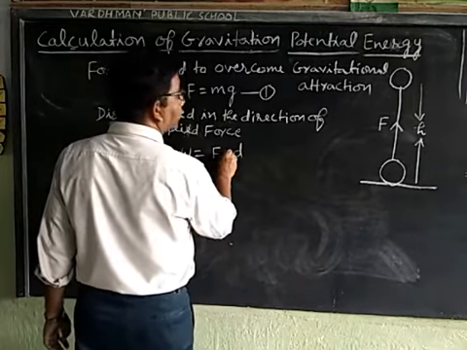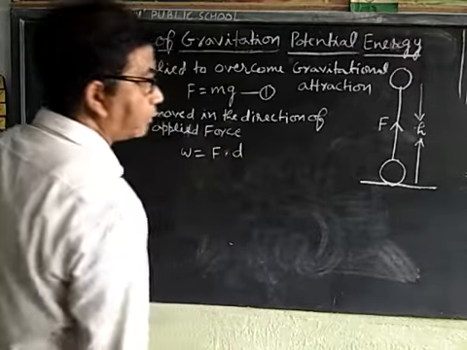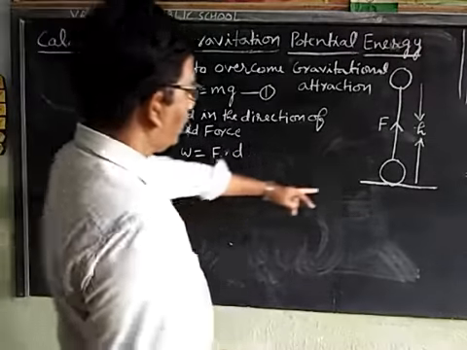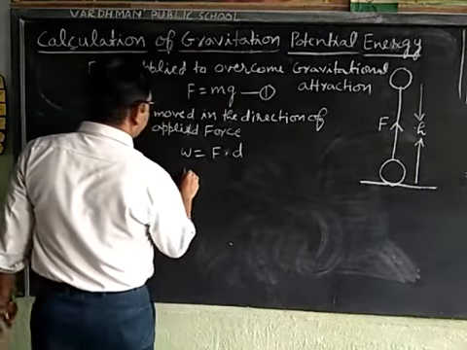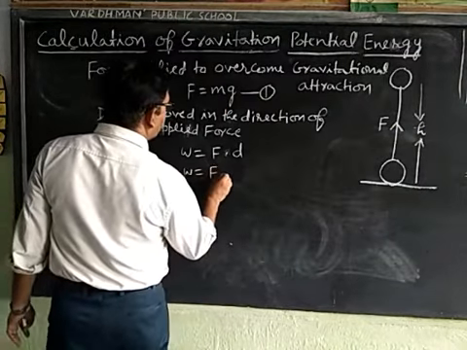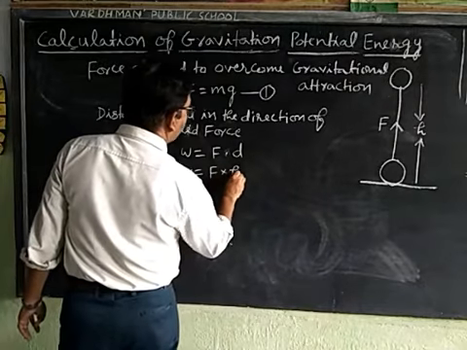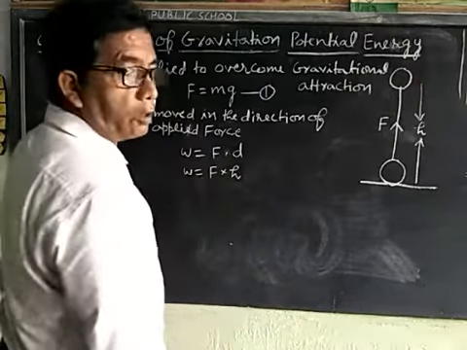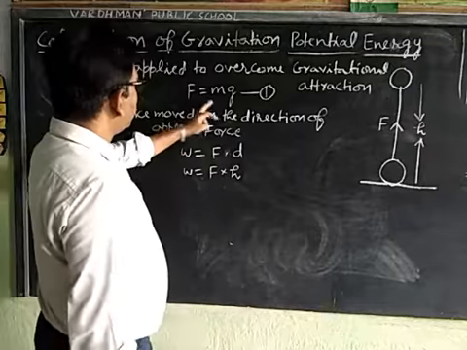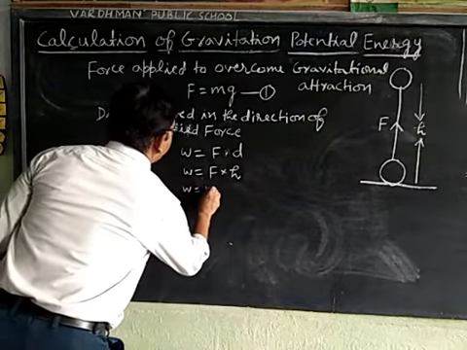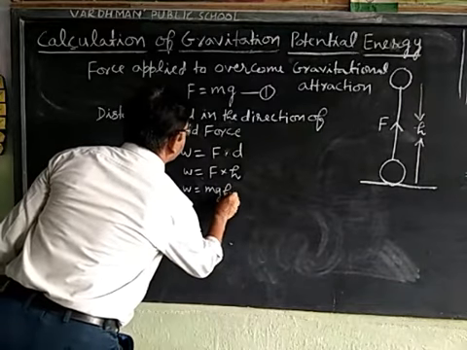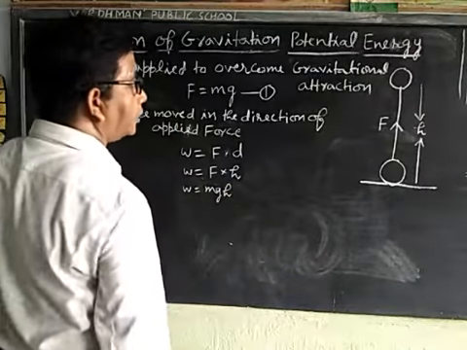Now here distance is h, the height above the surface of earth, therefore W is equal to F into h. Now we know F is equal to mg, therefore W is equal to mgh.